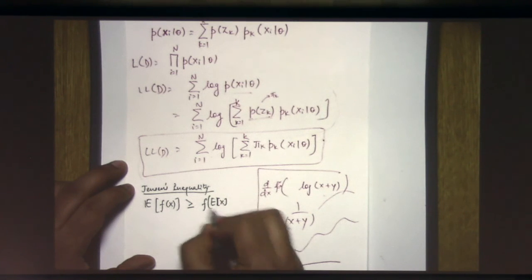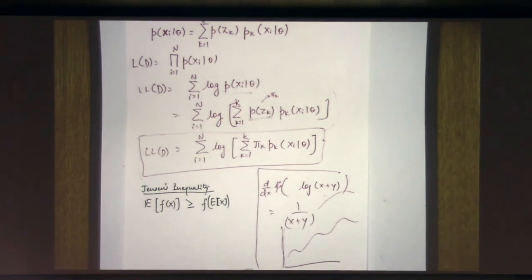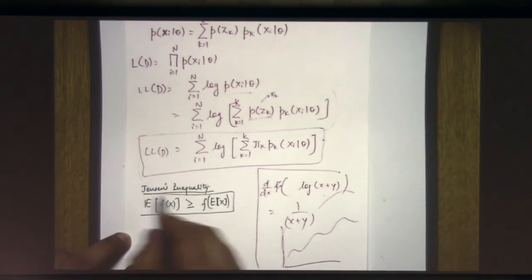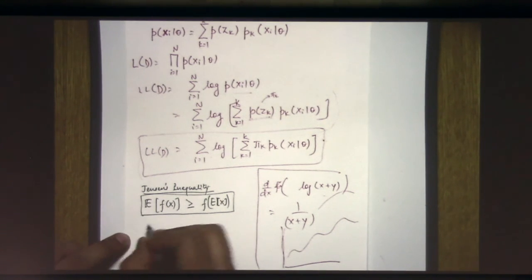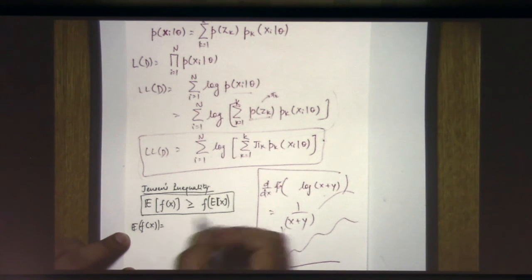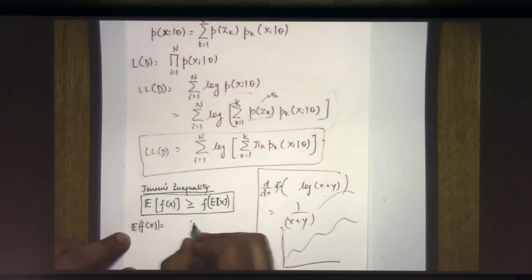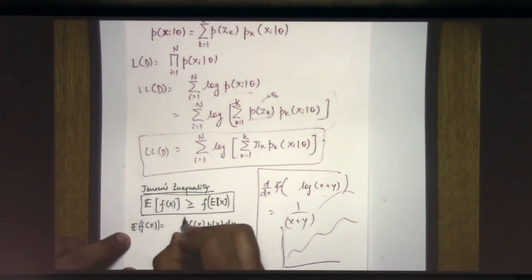If you remember, the expectation of any function is the integral of f(x) p(x) dx over all x.